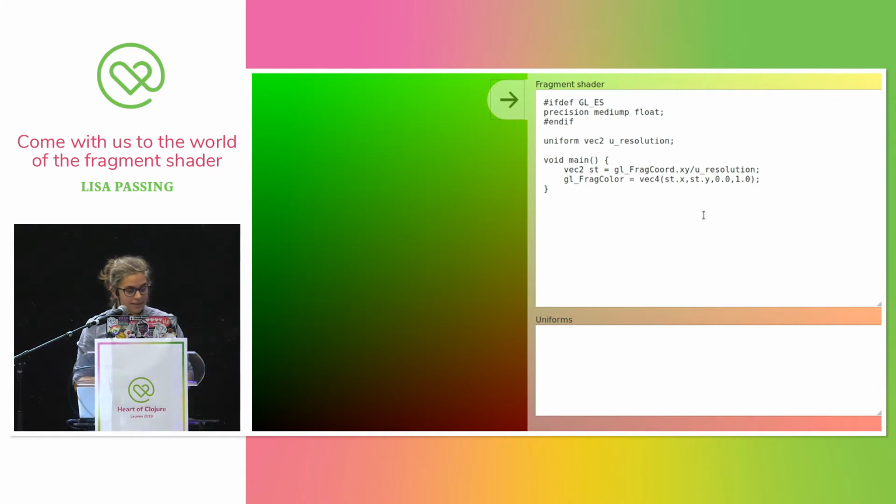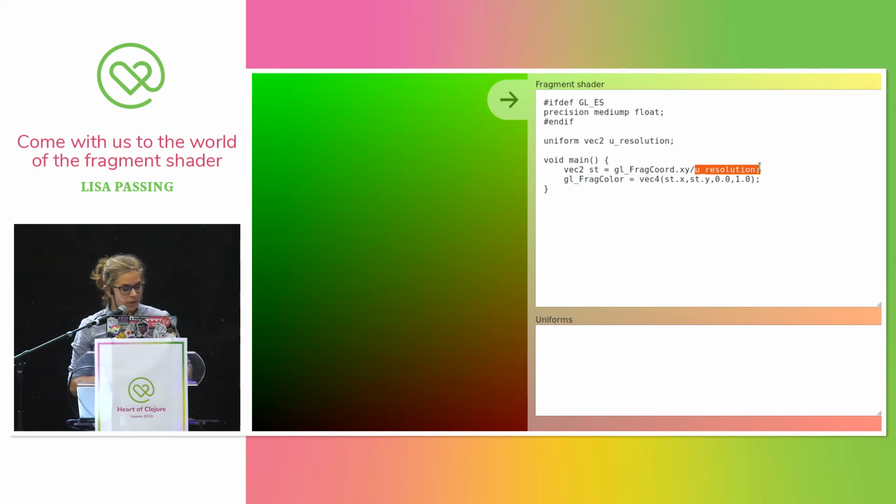We get a magical variable called gl_FragCoord, which is a variable that OpenGL sets for us, which contains the current position of the pixel that we are working in. So for each pixel in our canvas, X and Y will be different. This is called a varying because the value varies for every pixel in our program.